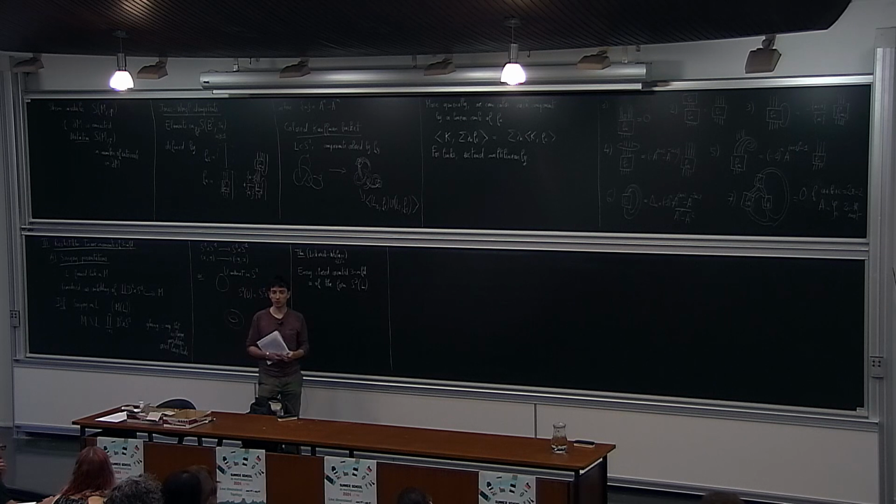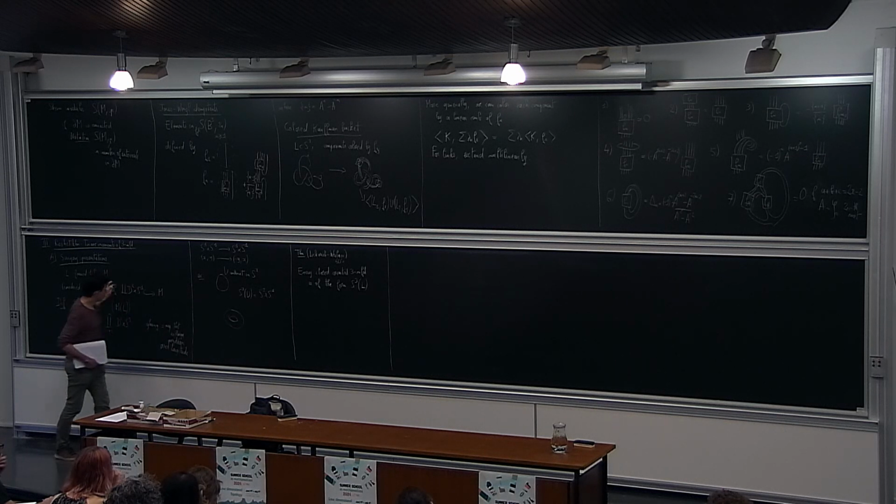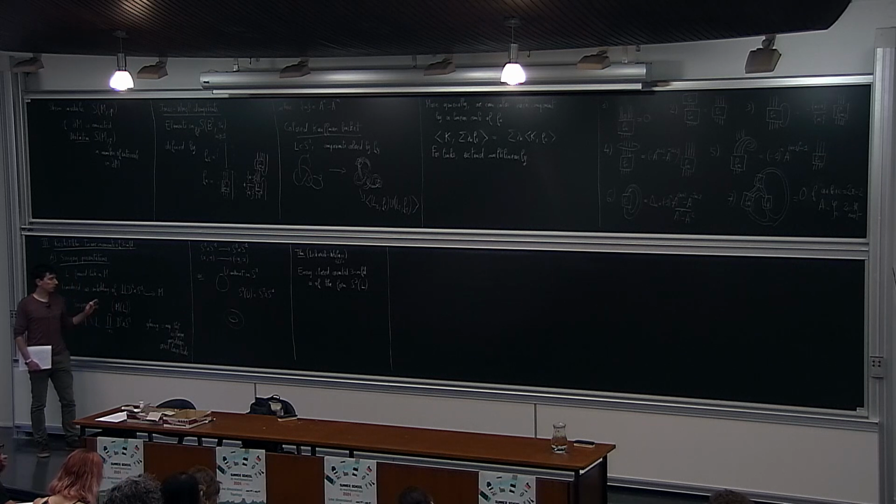Yes? So I said that the framing, as I was doing in the beginning, I was thinking of the framing as embedding not just S1, but an S1 times interval. And you can make this embedding of an S1 times interval into an embedding of S1 times D2.